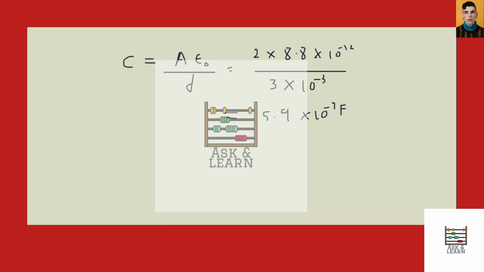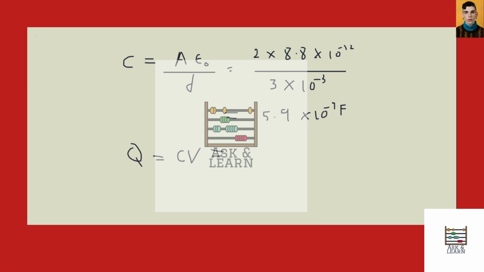Now, the next part is to find the charge on capacitor, which is C times V. We are given the potential difference, which is 45. So you need to multiply capacitance by 45.